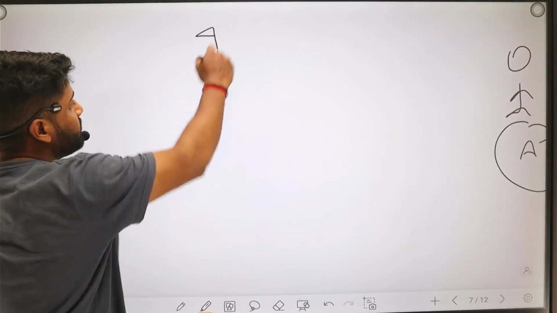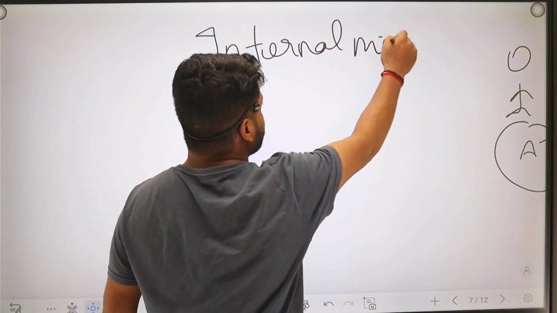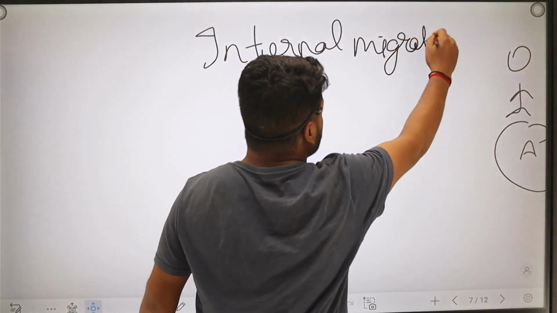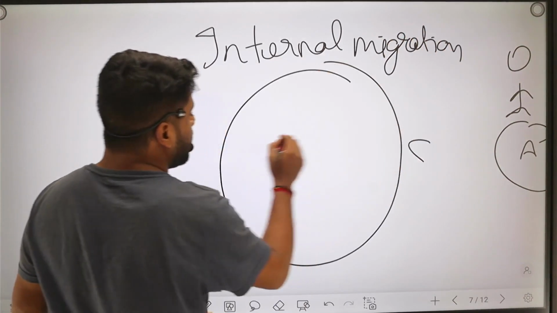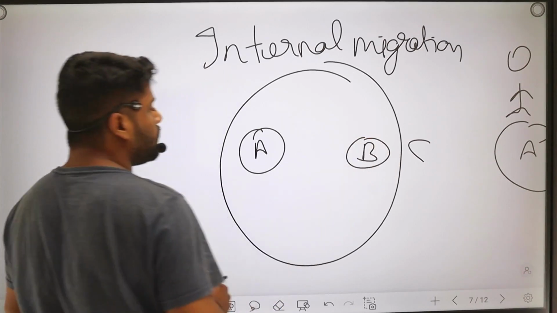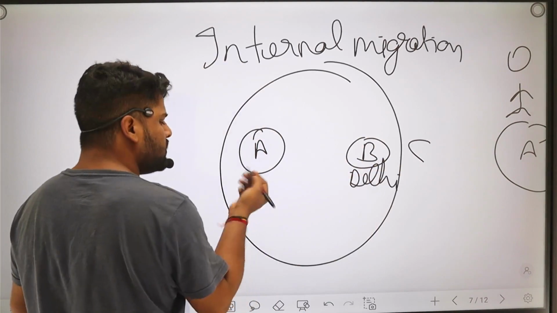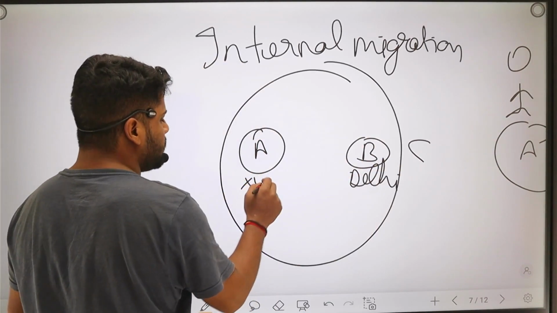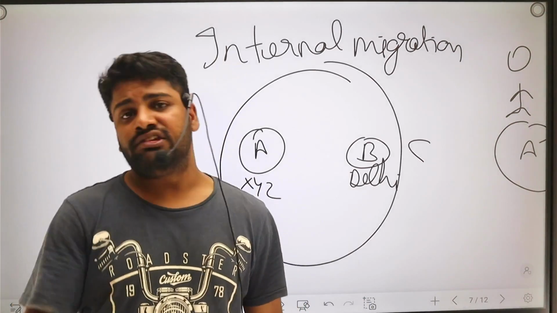First, internal migration. Internal migration means this is a country C, and there is a place called A and a place called B. Take an example: place B is Delhi and place A is some other place. Delhi is having better job opportunities. It is the national capital also.